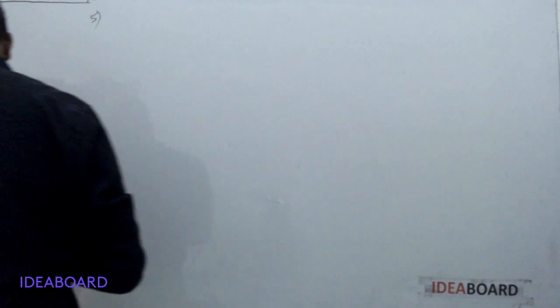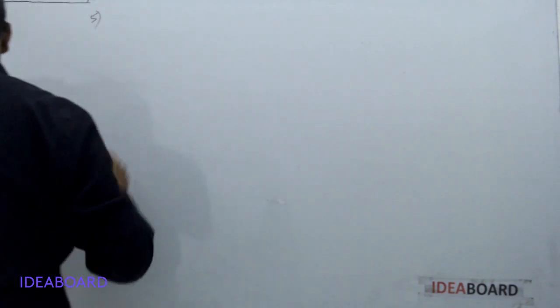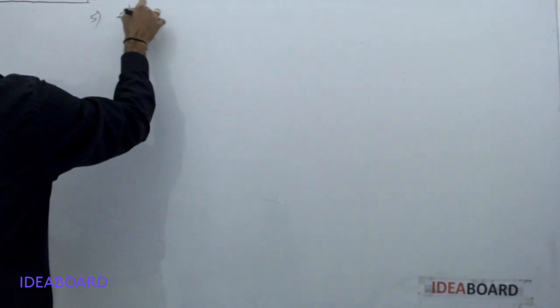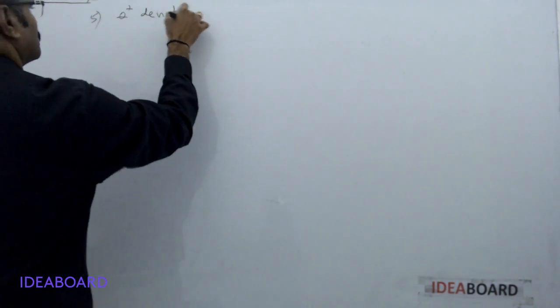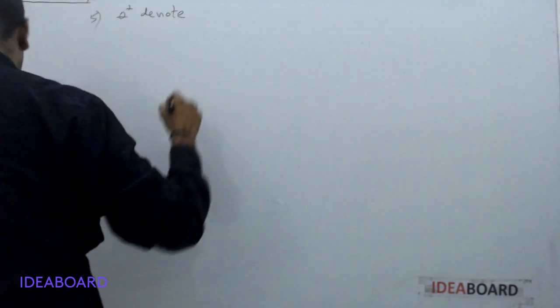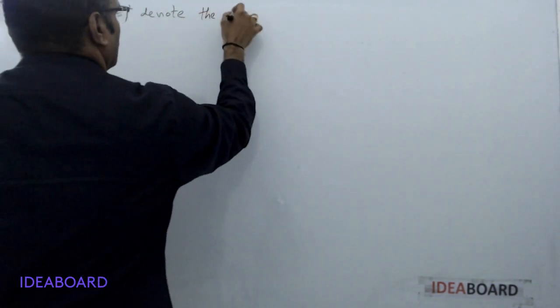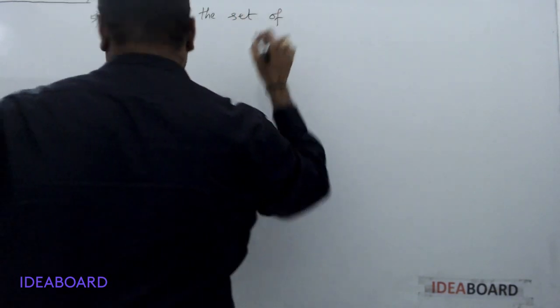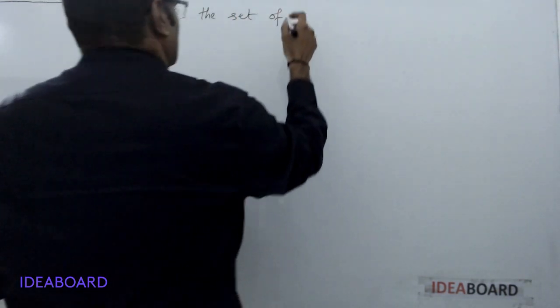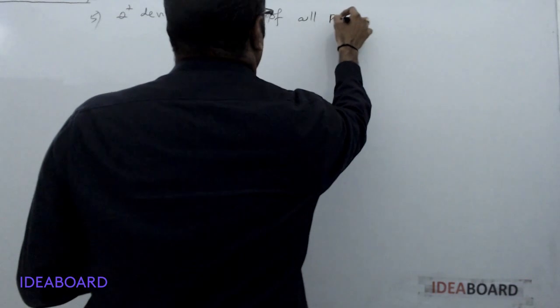Fifth problem. Q plus denote the set of all positive rational numbers.